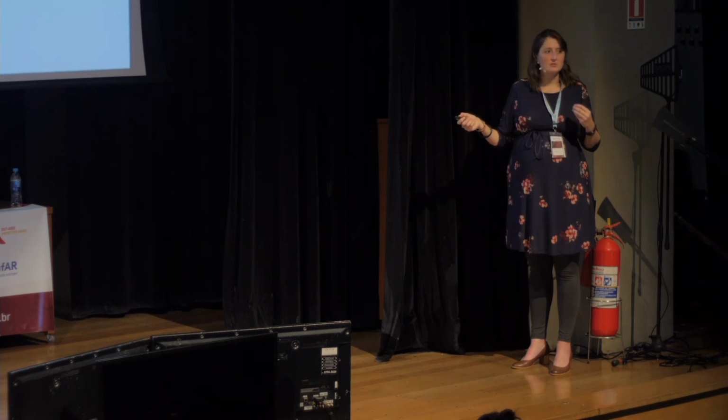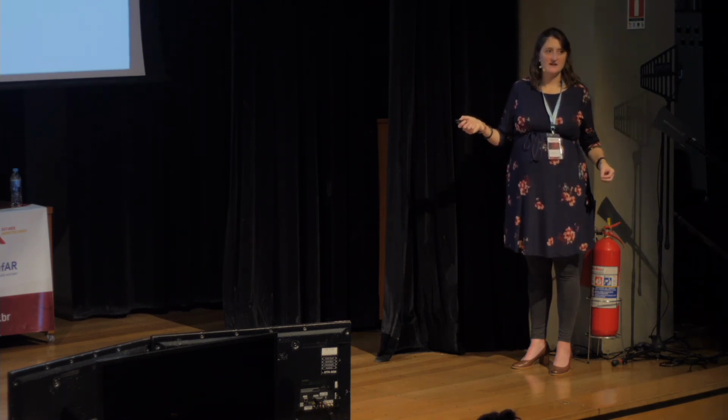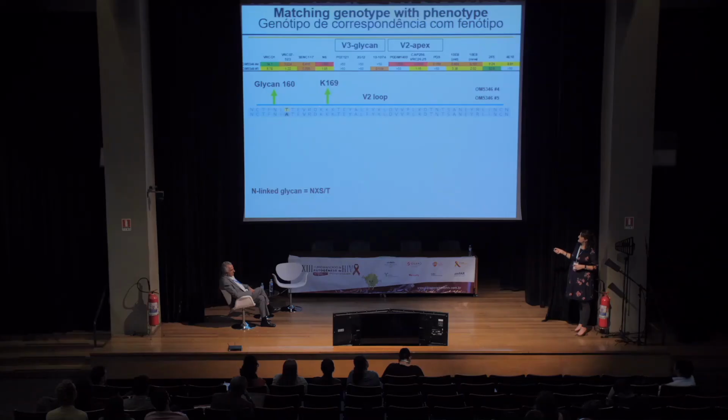This lysine is very well conserved in subtype C viruses and rarely found in subtype B viruses. However, both these viruses have this lysine. So most likely the glycan plus this lysine is why this virus is very well neutralized by this antibody, but this is very rare. And then this virus has the lysine, but not the glycan, so it's neutralized, but a little less well.